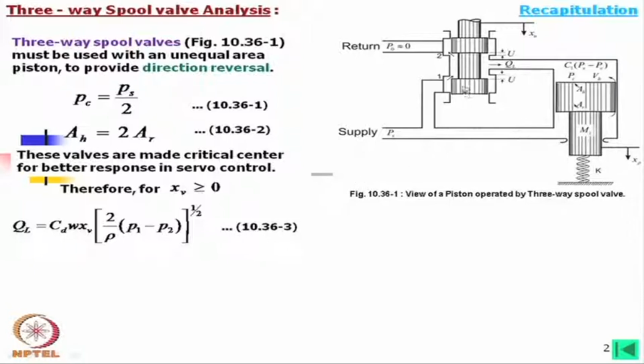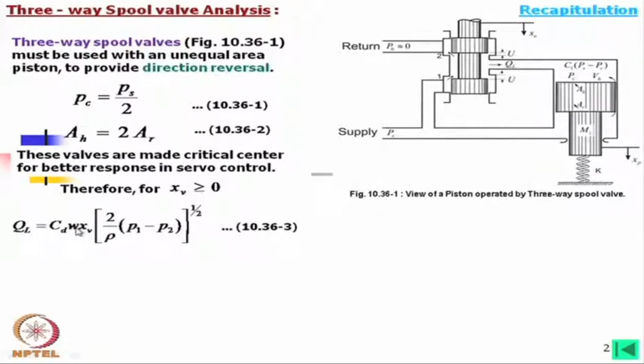In these directions, then, this equation is written with CD, the coefficient of friction, and this is the total area of the orifice. Here W is the width and XP is the spool displacement.